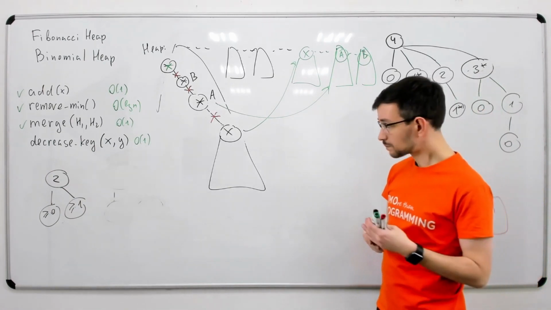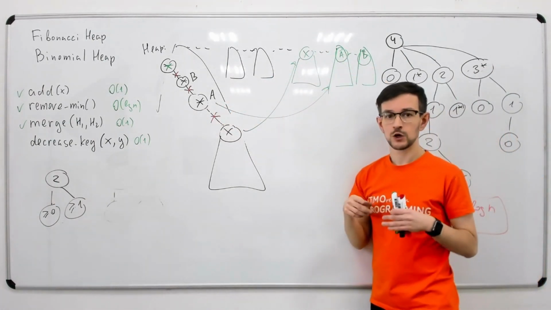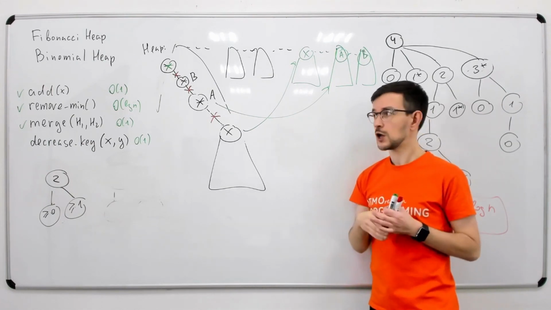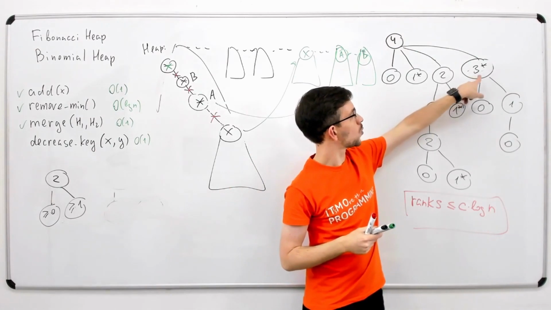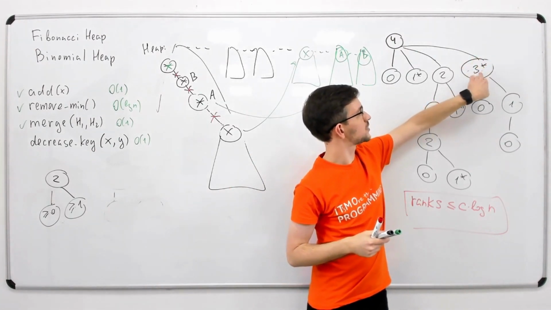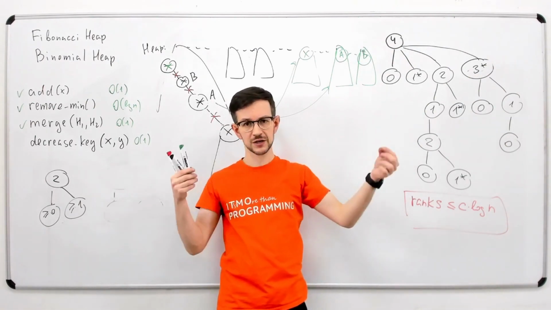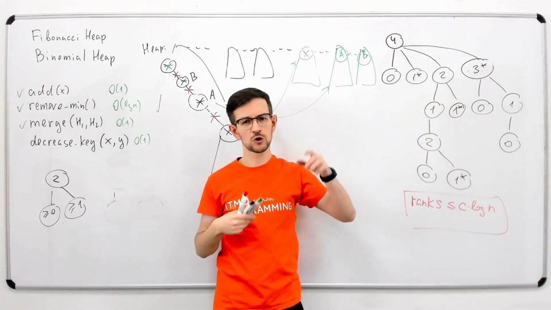Now, when you move the element to the root list, you can remove its mark. Because you only need these marks when you attach this element to another element, just to satisfy this condition. If the element is the root of a tree, you don't need this.